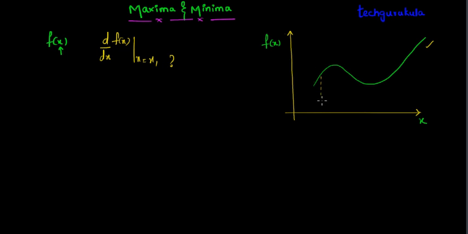suppose this point is x1, and if you take a tangential line touching this particular point on the curve, and draw a line here, the differentiation of this function at x equals x1 is nothing but the slope of this tangential line drawn to this point.